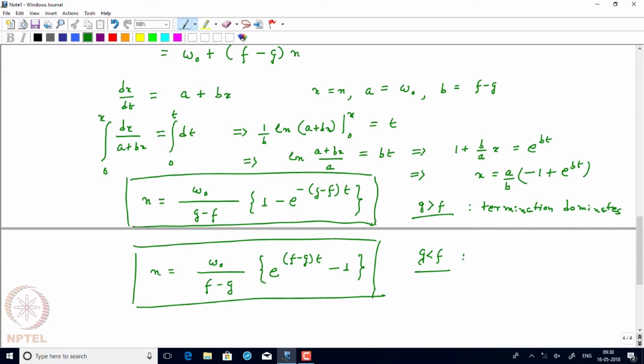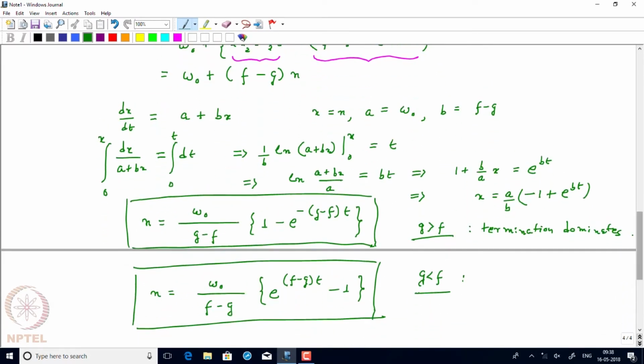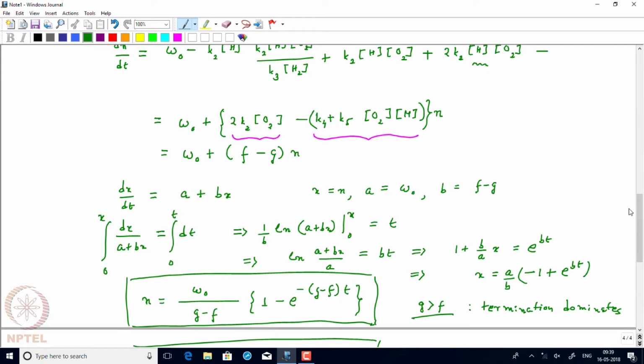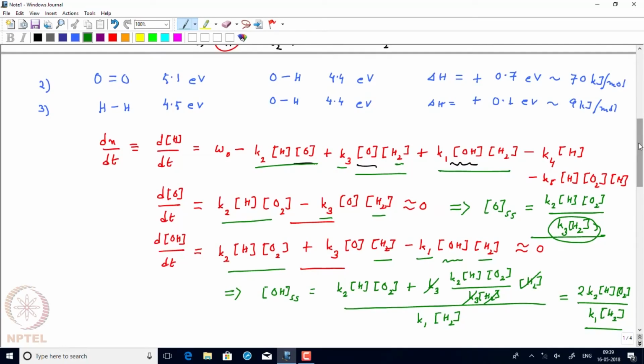And then g is less than f means you have the other condition, which depends on the H atom concentration, because if you see here what g and f are, you have 2 k2 into O2. So this is basically the rate of these processes.